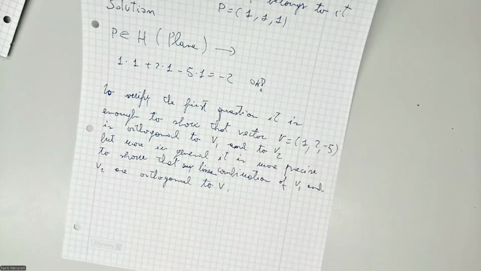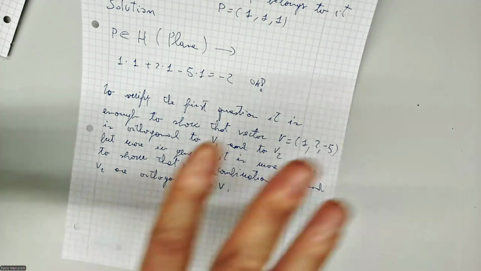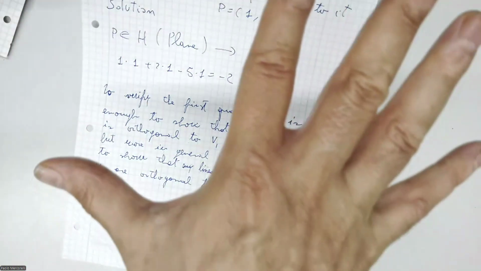Any linear combination is implicit in the word generate. I don't know if you got all the points.